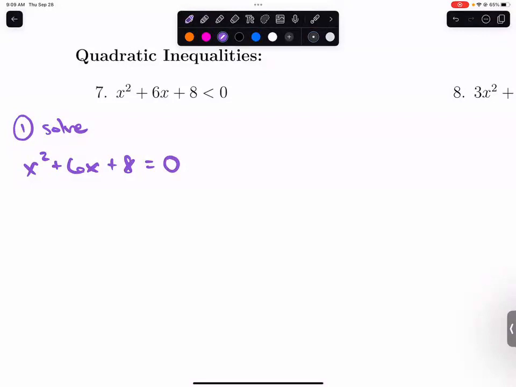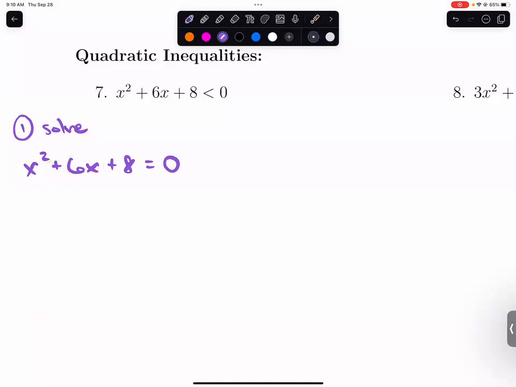So we're good to go to either factor or to use the quadratic formula, right? Either one of those is perfectly fine. This factors nicely. Factors of 8, well, 1 and 8, 2 and 4. I want them to add to 6, so 2 and 4 would work.